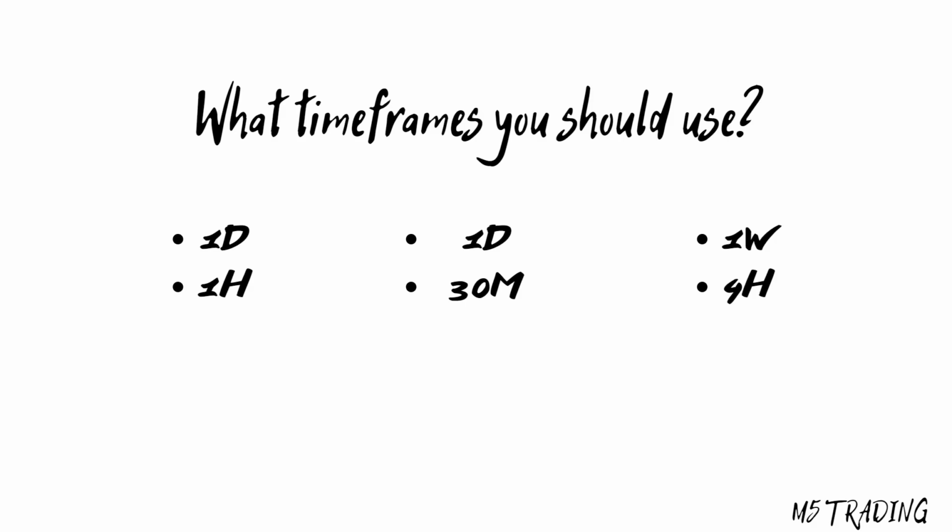For example, the 4-hour timeframe with the 15-minute timeframe, if you want to scalp, or something else. It's up to you. You need to do your own research and your own backtest. And right now, we'll talk about what timeframe synchronization is and how to do that.